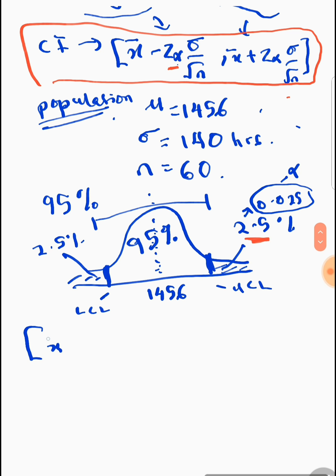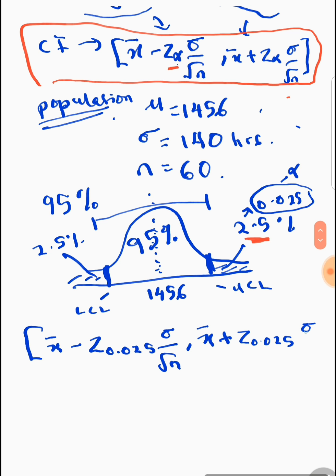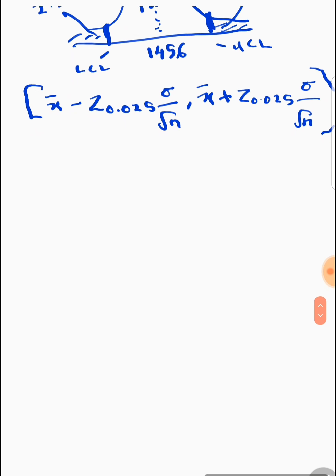I'm going to have x bar minus z of 0.025 sigma over square root of n, and then the other would be x bar plus z of 0.025 sigma over square root of n. All right, so note that we have written down this.